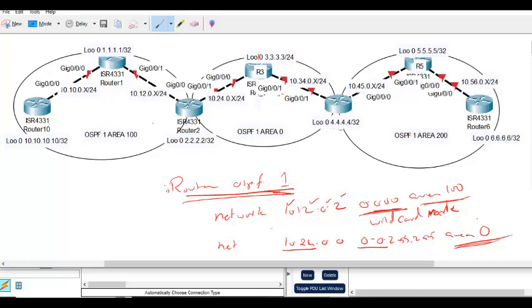Correct. Very good. So who answered this? Prem, no? Very good. Then Prem, you answer. Process ID won't be advertised. What are the 2 other IDs that will be advertised?